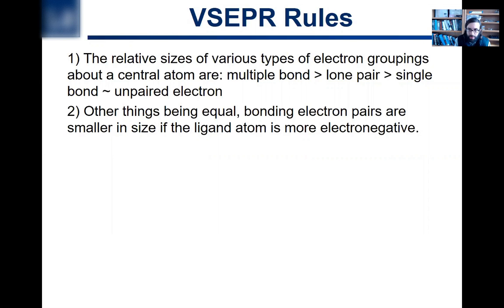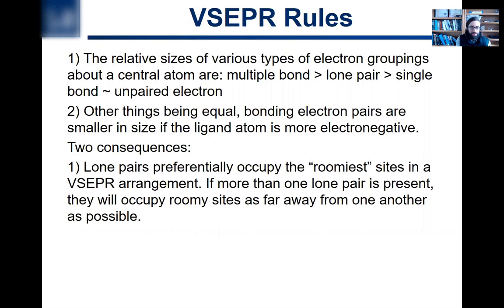Because that's basically what the concept of electronegativity is. And so if you pull more of the electron density towards the ligand away from the center, and we're talking about central atom geometry here with VSEPR, then the effective size should be less.